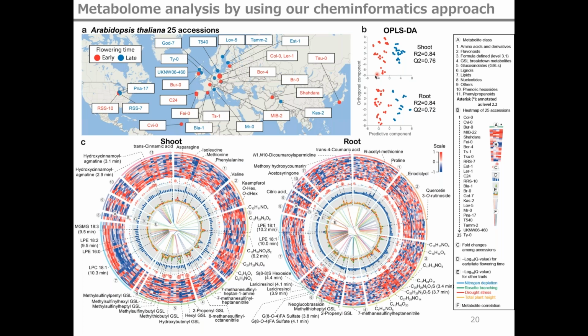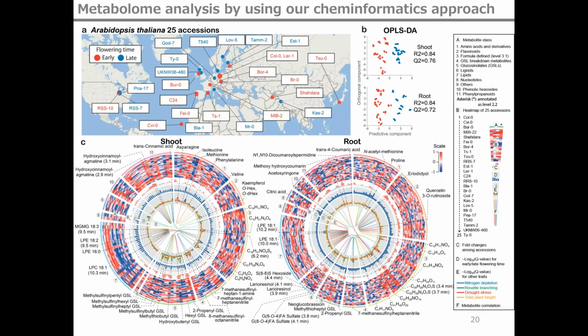And this circos plot shows the summary of our metabolome data, and the circos was separated by the metabolite classes. For example, the first part contains amino acids, and the second part contains flavonoids.